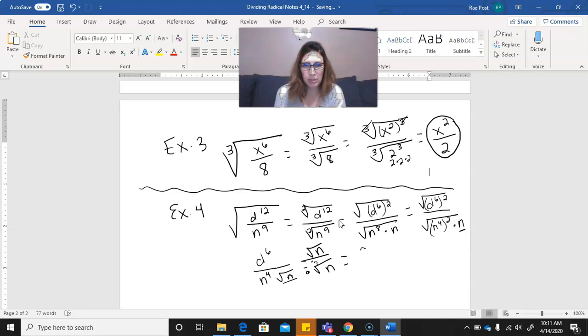So when I do this, my numerator becomes d to the 6th times the square root of n, but my denominator becomes n to the 4th times the square root of n times the square root of n, which is n squared. So basically that's n to the 4th times n.